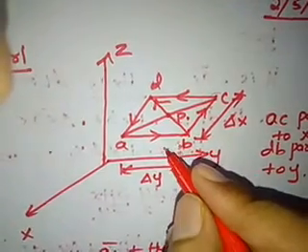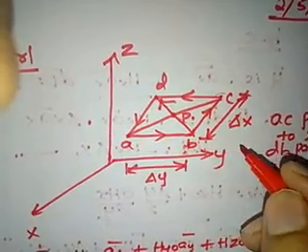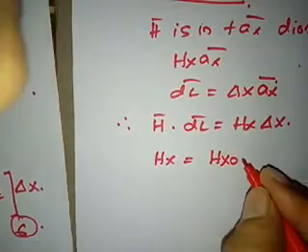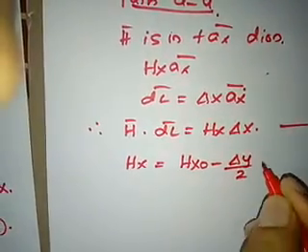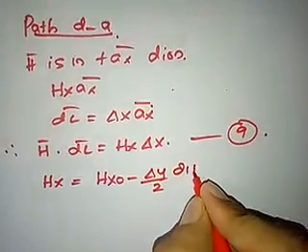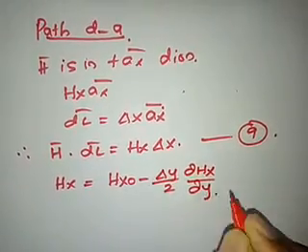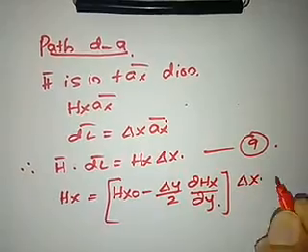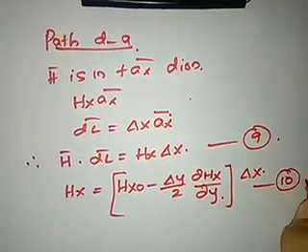So it will be minus delta y by 2, so that will be hx naught minus delta y by 2 dou hx by dou y into delta x. Take it as equation 10.